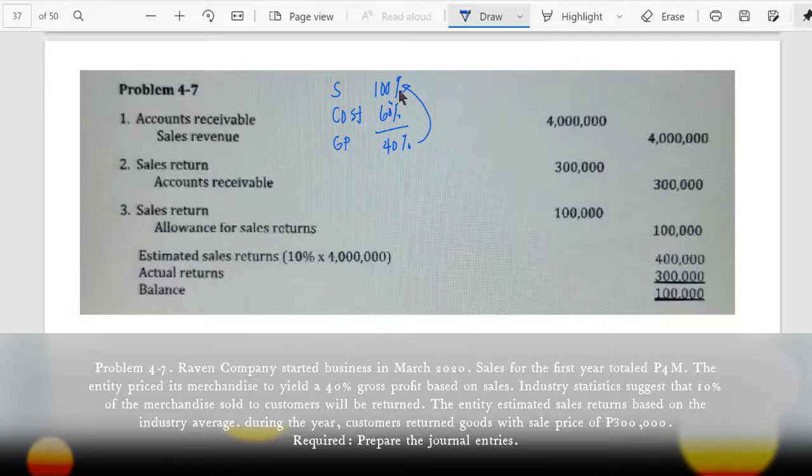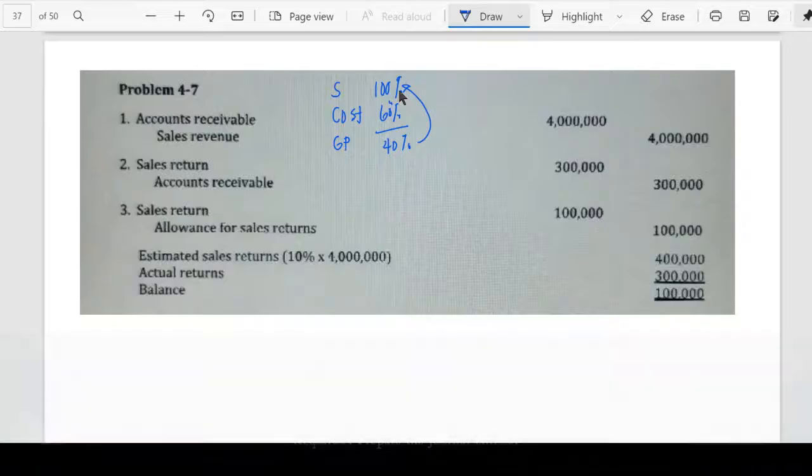Then, to establish the allowance, so we'll start with the original amount, 4 million ang original nga sales times 10%, that's 400,000, and deduct the actual returns nga 300,000, so the balance or the needed allowance for the sales returns would be 100,000. So, debit sales returns 100,000, credit allowance for sales returns.